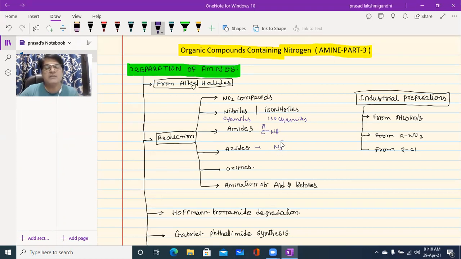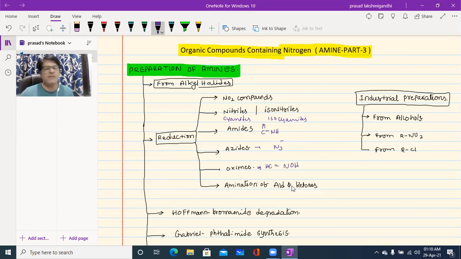N3 minus is nitride, but azide means N3 minus, like sodium azide, NaN3. Next, oxime. How can we identify oxime? CH double bond NOH. Simply we can say oximes.